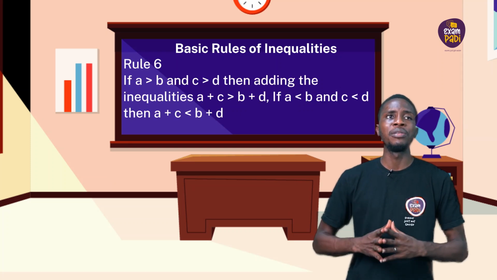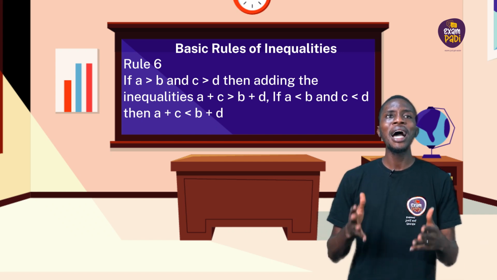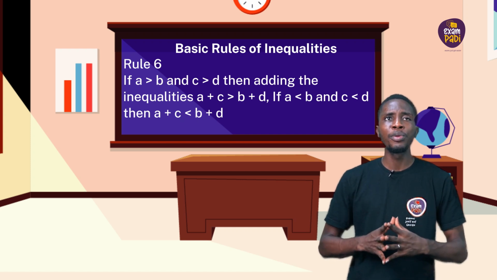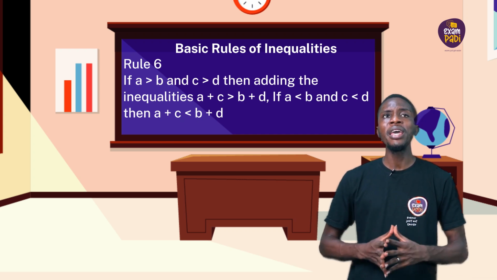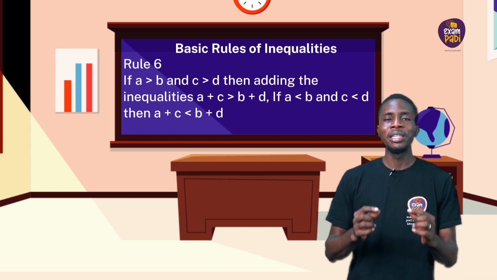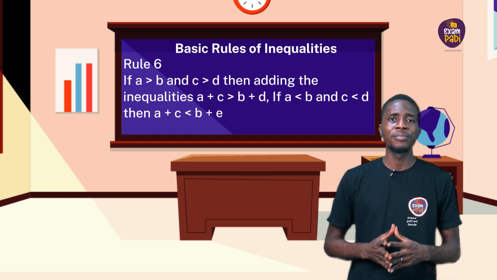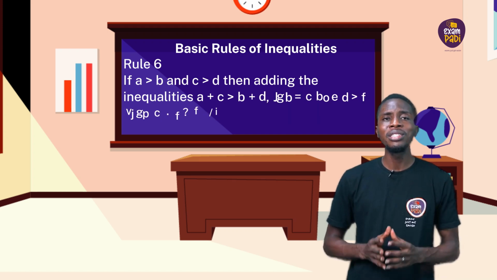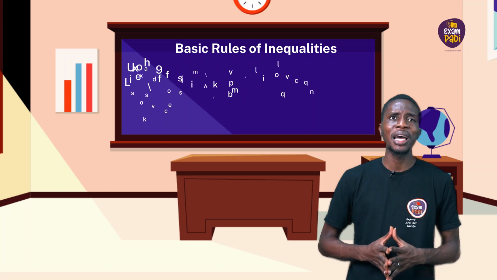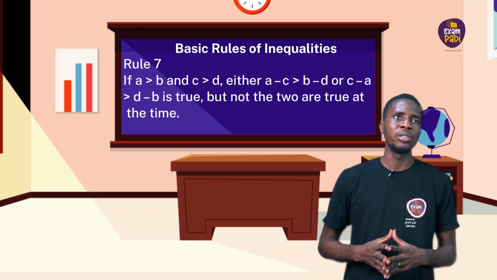If A is greater than B and C is greater than D, then adding the inequalities, A plus C is greater than B plus D. If A is less than B and C is less than D, then A plus C is less than B plus D. That is, inequalities having the same sign can be added side by side to each other without changing the sign of the inequalities.